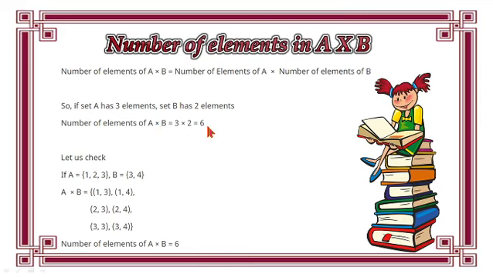It means 6. So if we have set A {1, 2, 3}, set B {3, 4}, and we calculate A cross B, it means 1 3, 1 4, 2 3, 2 4, 3 3 and 3 4. So we can see how many ordered pairs we have? 6. So number of elements we can get by multiplying their elements.